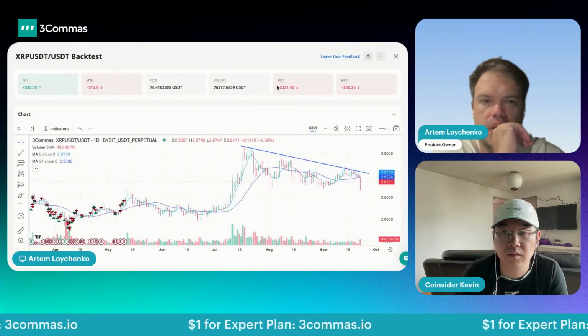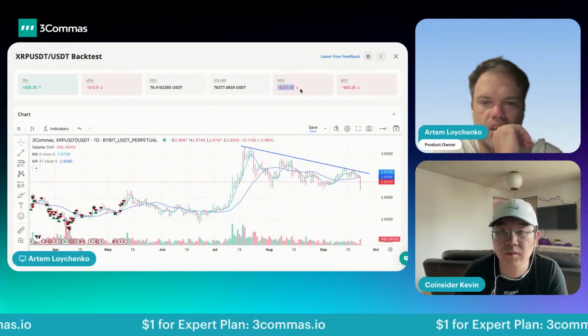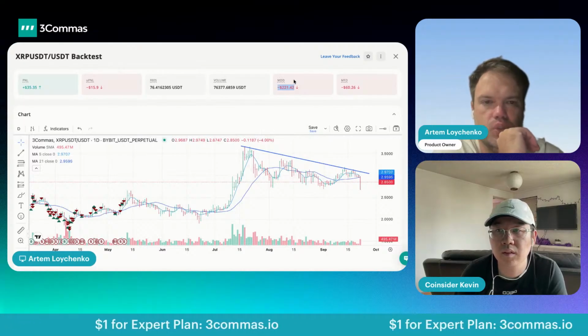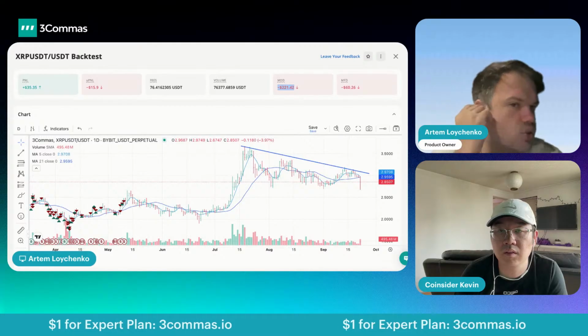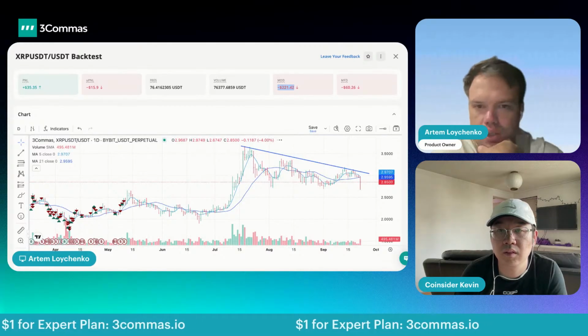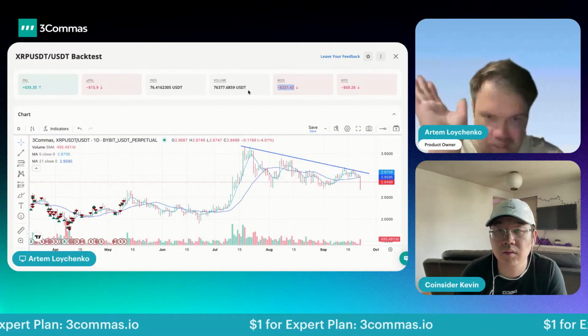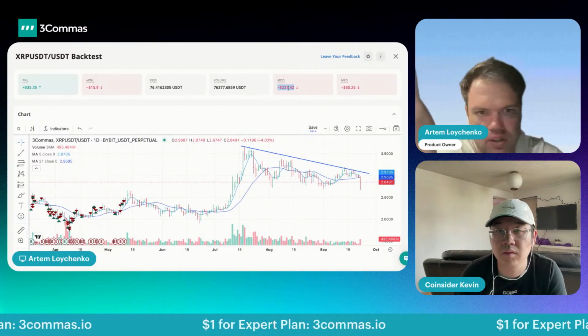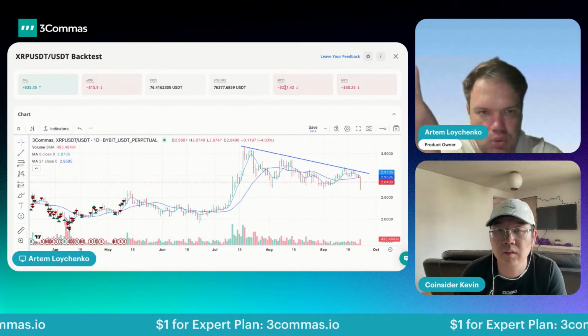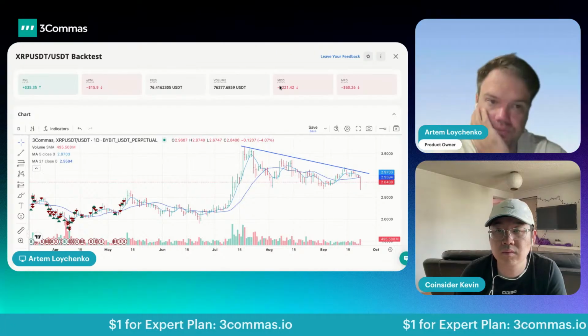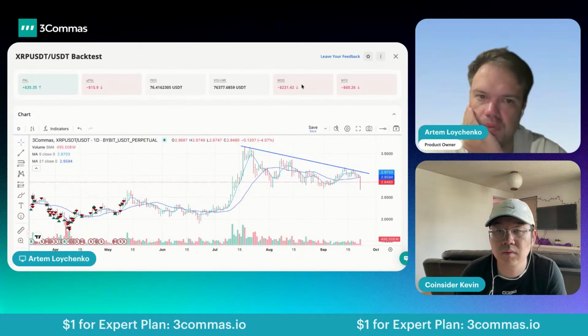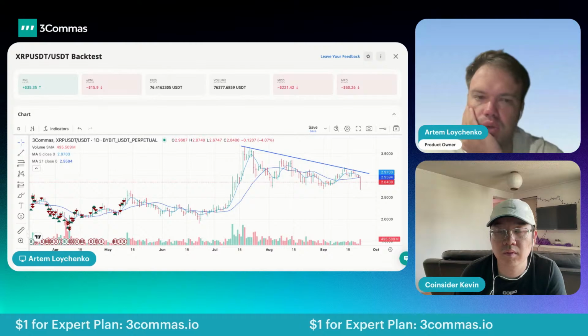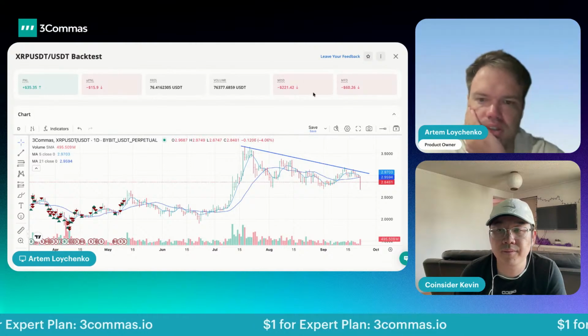We had a few. So this is the maximum drawdown, meaning that from the peak of your equity, so let's say you would earn 1,000, and then this is how much you would drop from this 1,000. So this is how much you drop from the peak to the lowest point if you're hitting stop losses.